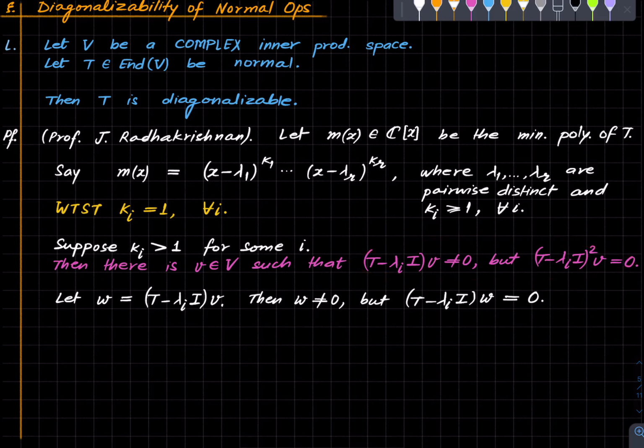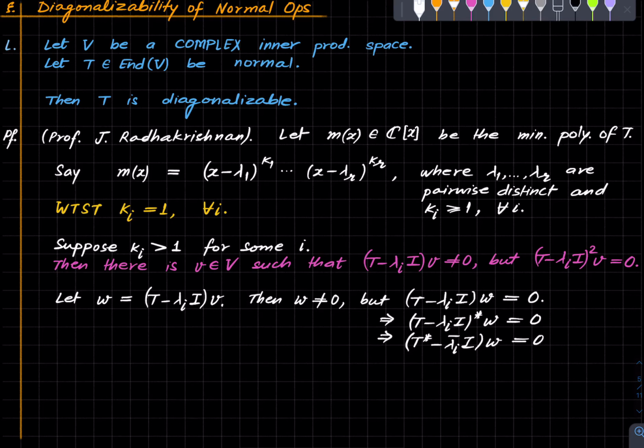But now again, since the kernel of this and the kernel of the adjoint of this are exactly the same, why? Because T is normal and hence this is also normal. So we get this is also 0, which is nothing but saying this. We have that.